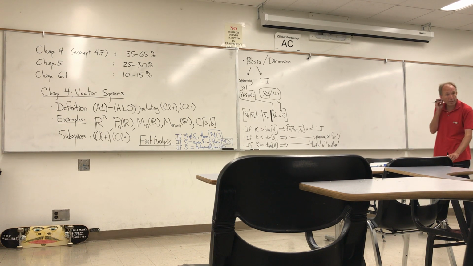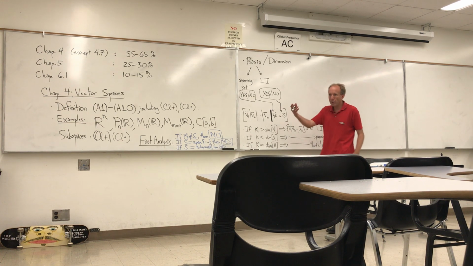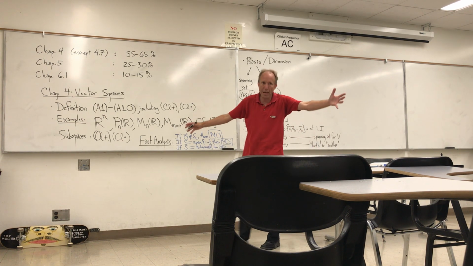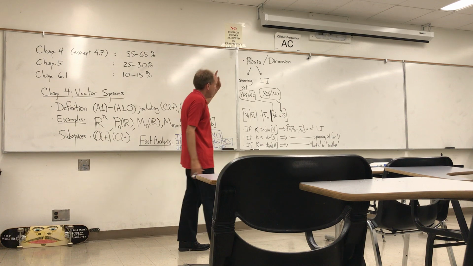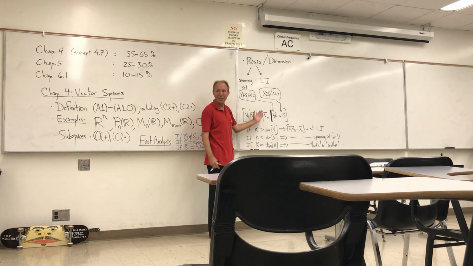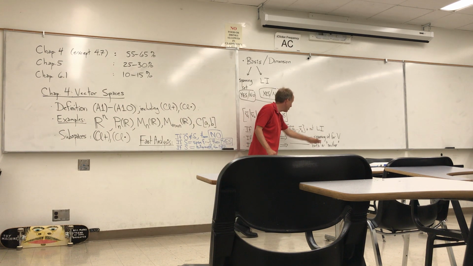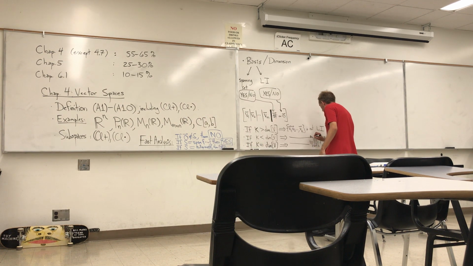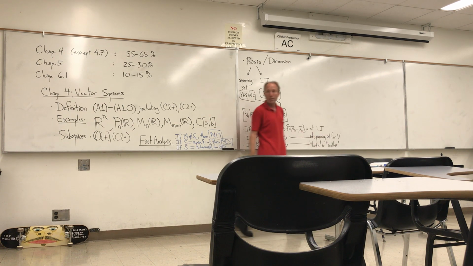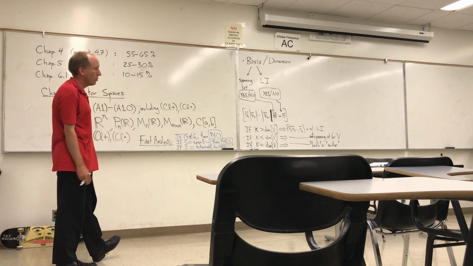Okay, so I give you a vector space, and I give you a proposed set of vectors to span that space. This is just the 3 possible scenarios between the number of vectors and the dimension of the space. So it's not linearly independent, not a spanning set, or it's both or neither.